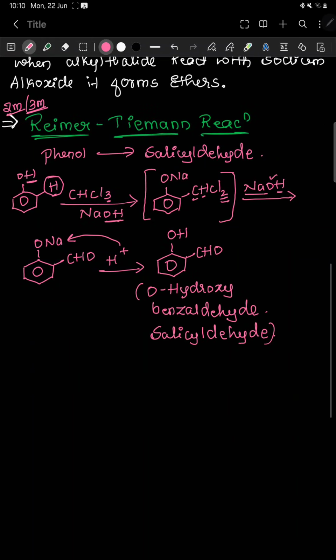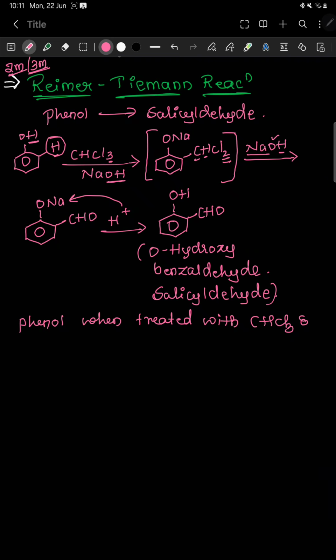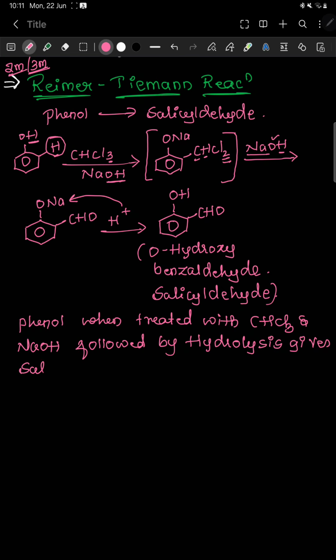So when you go for explanation of this one, you can write it like: phenol when treated with chloroform and NaOH, followed by hydrolysis, gives salicylaldehyde.